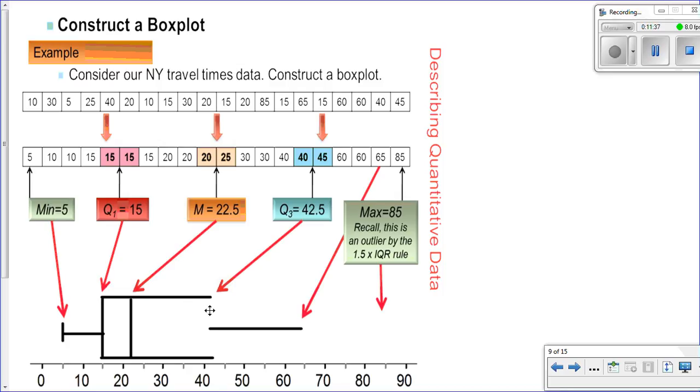Q3 would be the end of the box. The maximum value is typically the end of the box unless it's an outlier. Since 85 is an outlier, it goes out here, and 65 would be the end of the box. That's how I take my 5-number summary and create a box plot.